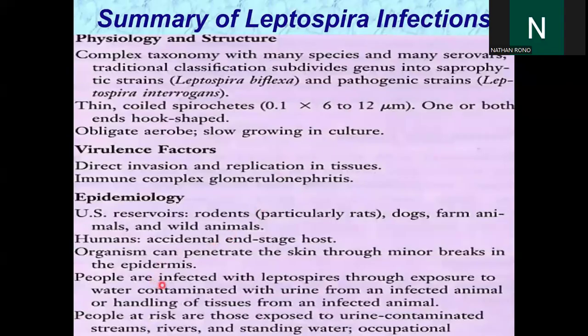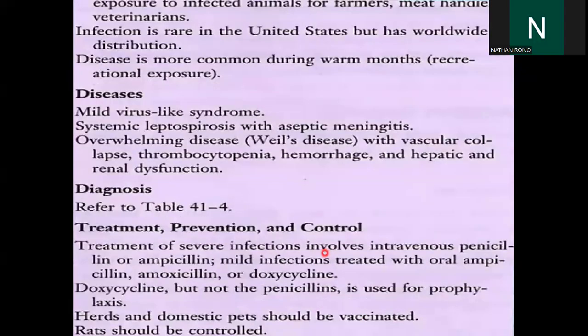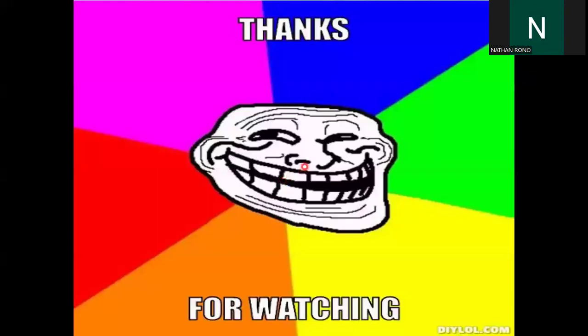You can see here, people are infected with Leptospira through exposure to water contaminated with urine from an infected animal or handling of tissues from an infected animal. So anywhere you're exposed to these urine-contaminated streams, rivers, standing water, that is an occupational hazard. Okay. Thank you. Any questions?